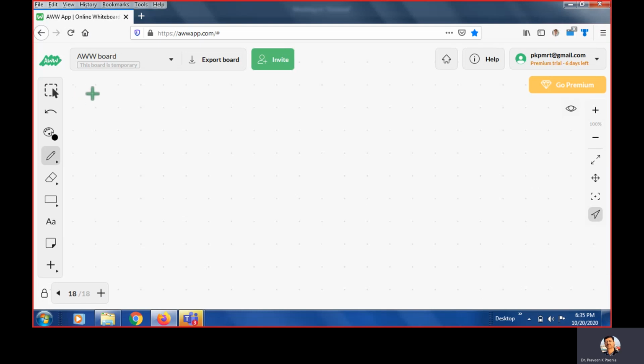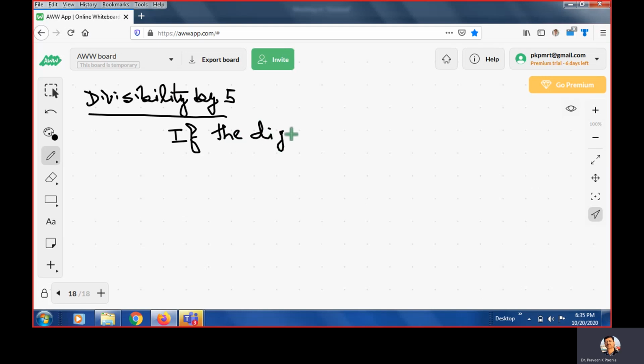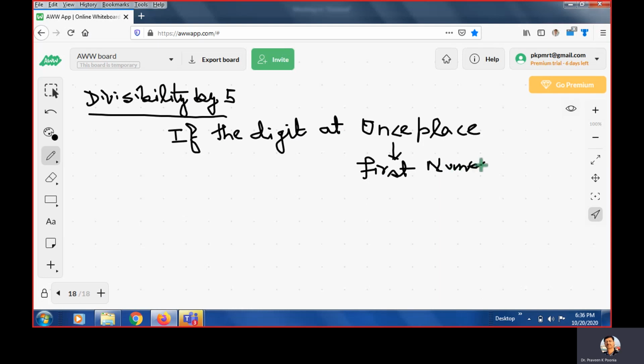Okay, let us check with the divisibility by 5. If the digit at ones place, means first number, is 0 or 5.